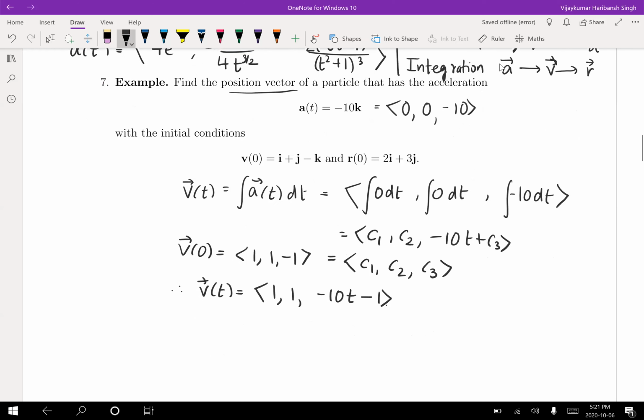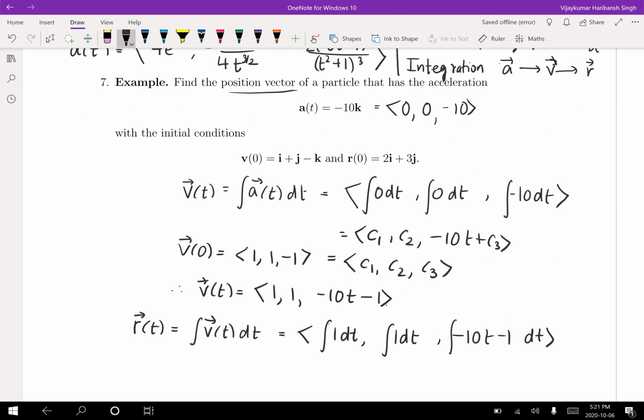Now we want to get R of t. So first we'll find R of t is integration of V of t dt. That is going to be integration of the vector, so it is component-wise integration, 1 dt, minus 10t minus 1 dt.